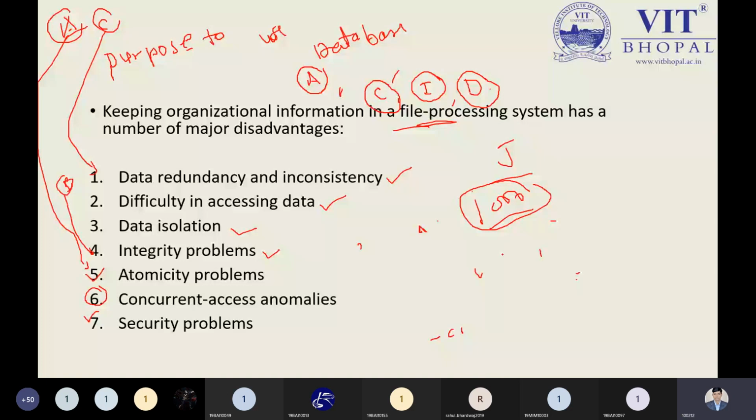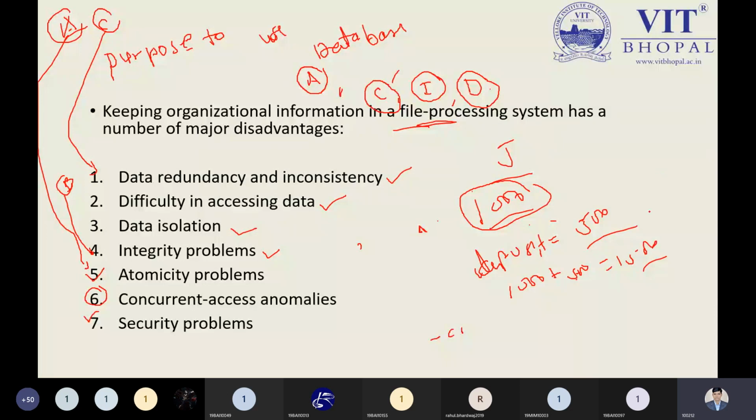suppose you deposit 500 rupees in your account. At the time of the transaction, suddenly the power goes off. Then your account should be 1,000 plus 500, that is 1,500.